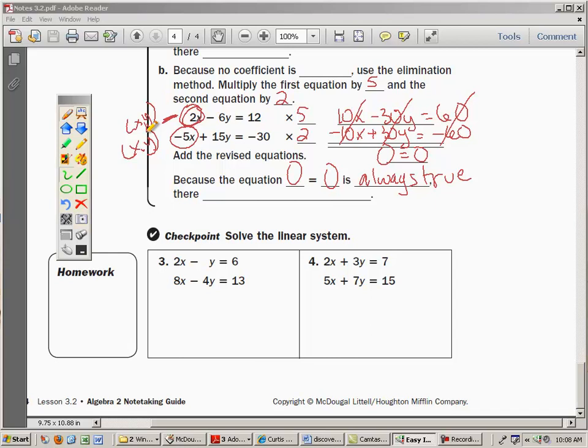This is one of those consistent dependent systems. This is one of those that has an infinite number of solutions. This system is consistent and dependent, as we talked about from our last lesson.